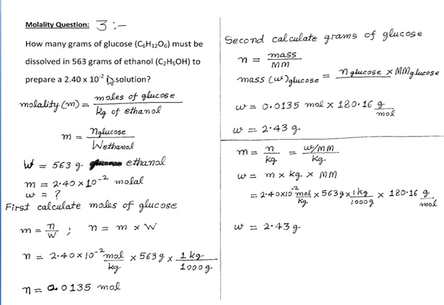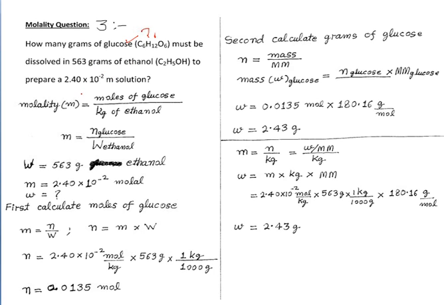In this question they are asking how many grams of glucose we have to add, so this is the question mark, and molality is given, and solvent is given in gram quantity.